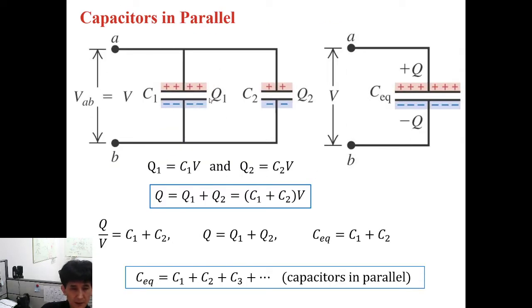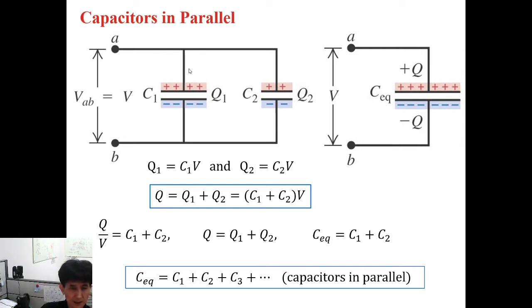And if we have parallelly connected capacitors C1 and C2, and we apply a voltage across these two, the charge stored over here is different from the charge stored in capacitor 2, but the voltage across them is the same. By the definition of capacitance, C1 and C2 relate the voltage and the charge like this.